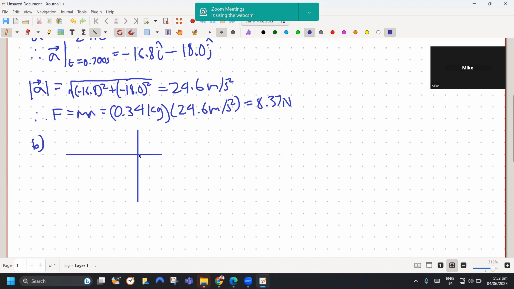So, ang components ng acceleration are yung negative 16.8 and negative 18. So, slightly longer sa Y kaysa sa X. Tapos, yung kailangan nating angle ay mark it on your XY plane. And then, basic angle.